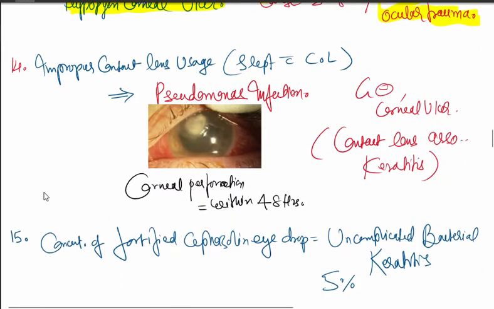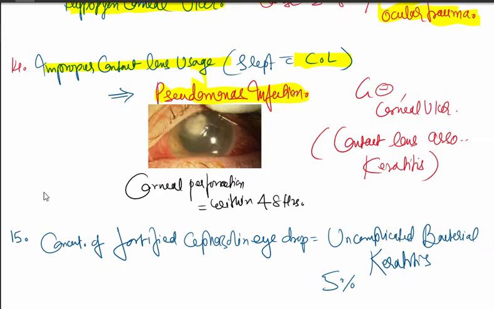Next one, so we see improper contact lens use. रात को आँख में contact lens लगा के सो गया. So this causes pseudomonas infection. So improper use of lens. Patient slept with contact lens overnight.